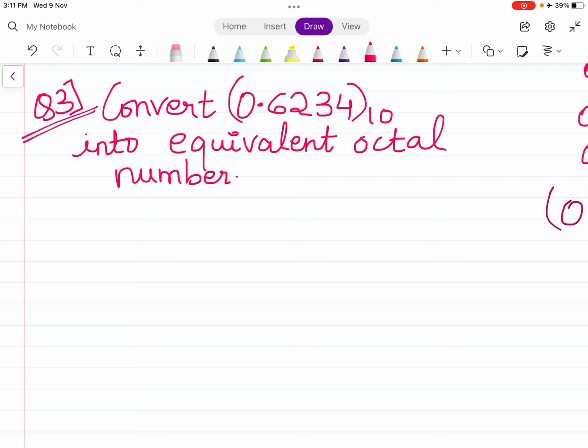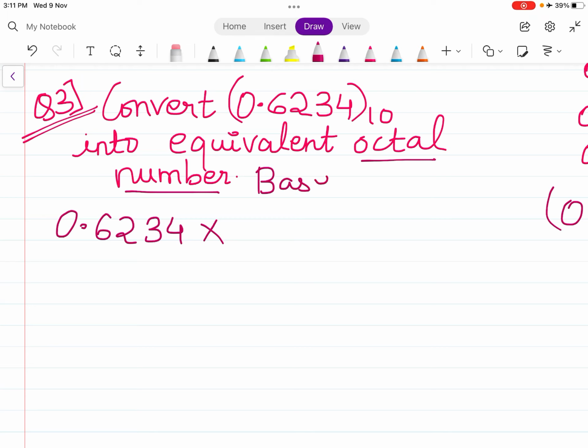Again we write the number first, 0.6234, and multiply it by the base or radix. For octal, the base is 8. So we multiply it by 8. 0.6234 into 8 is 4.9872. We write the carry.